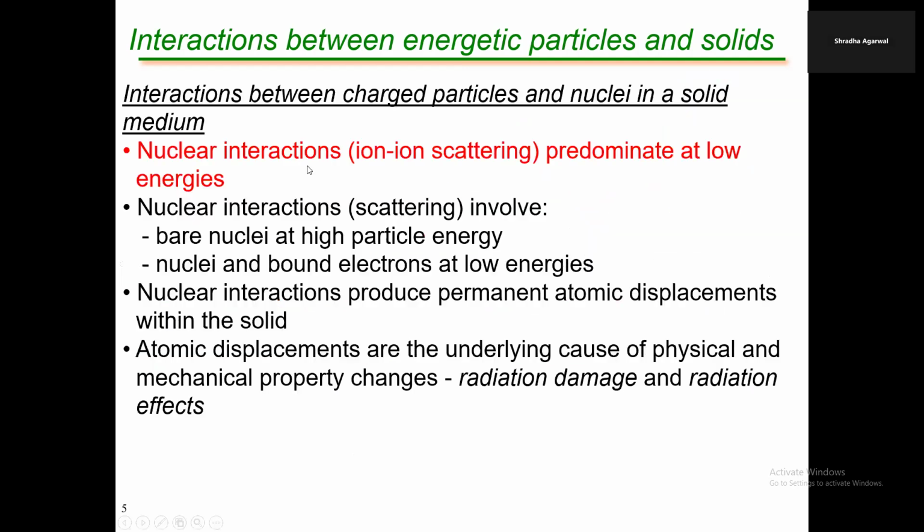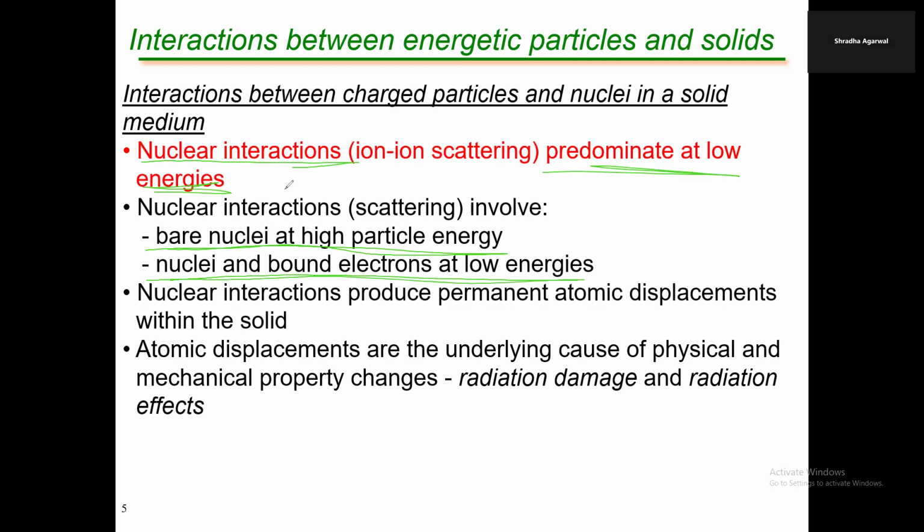Let us go to this one. Now, there are some other notes. As I say, it's basically saying that nuclear interaction is dominant at low energies. So what does it involve? It involves bare nuclei at high particle energy, and nuclei and bound electrons at low energies.